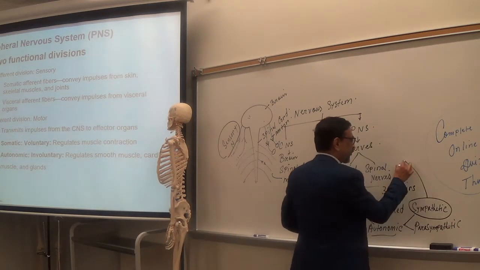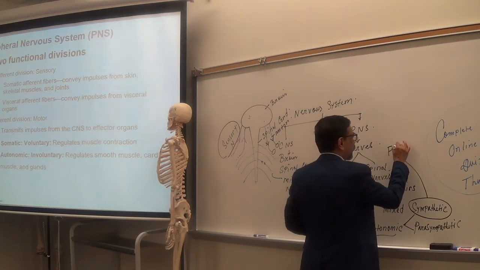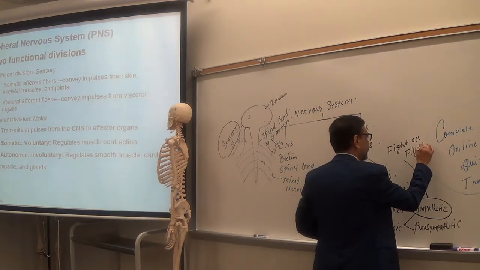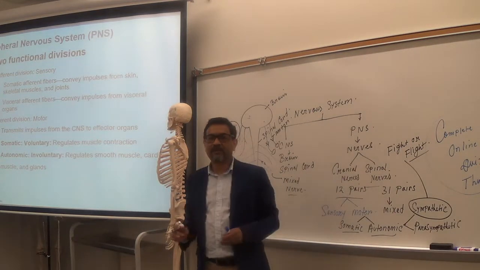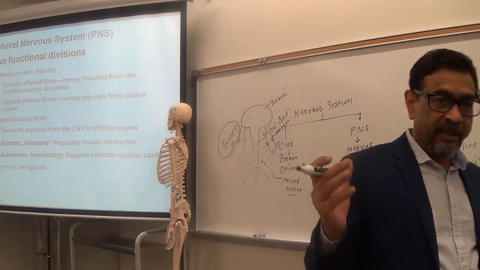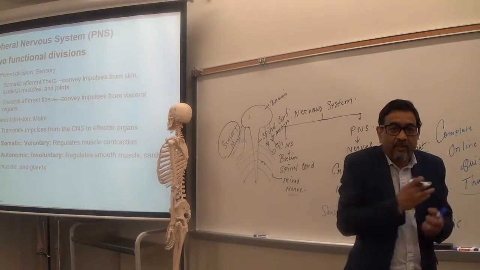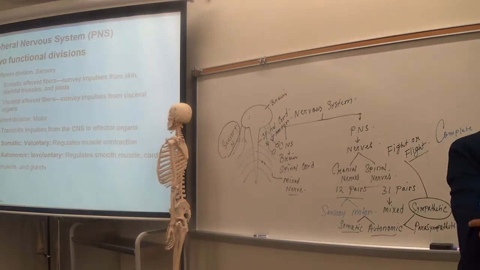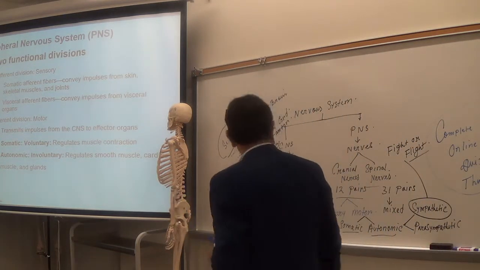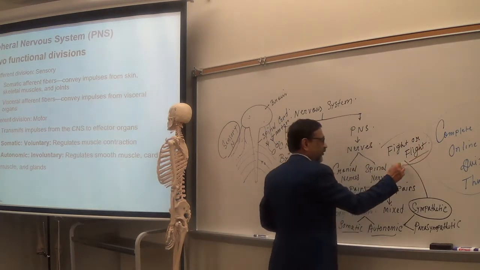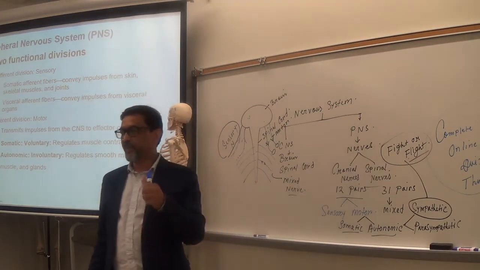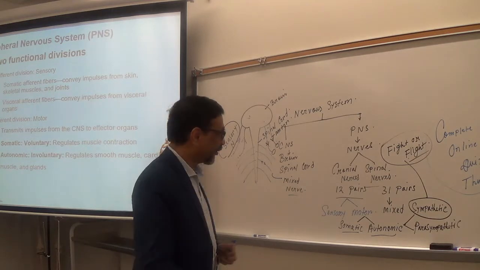Sympathetic is responsible for the fight or flight response. Have you heard that? Fight or flight. So when you get scared, your heart rate increases, muscle tone also increases, right? Your respiratory rate, your secretion, all those things increase. That is the fight or flight response. Sympathetic activation does that.